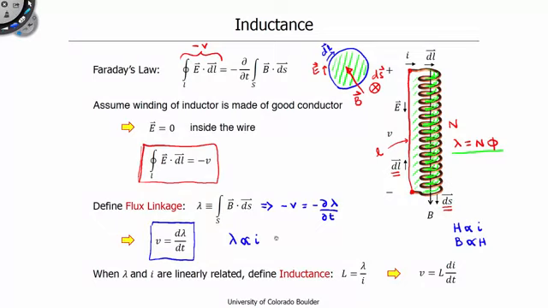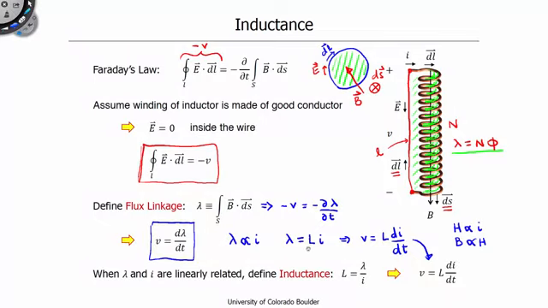Now, if we define the constant of proportionality between lambda and I to be the quantity L, then we can write lambda is equal to L i. And if we substitute this back into our relationship V is equal to d lambda dt, we simply get V is equal to L di dt, which is what we expect as the terminal relationship for an inductor.